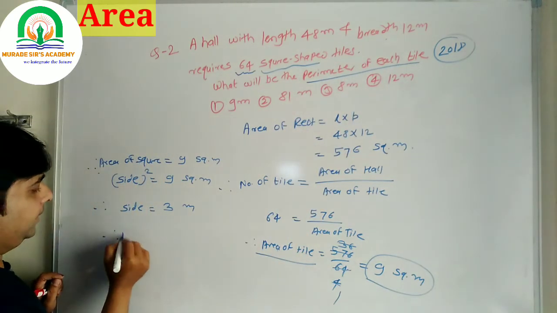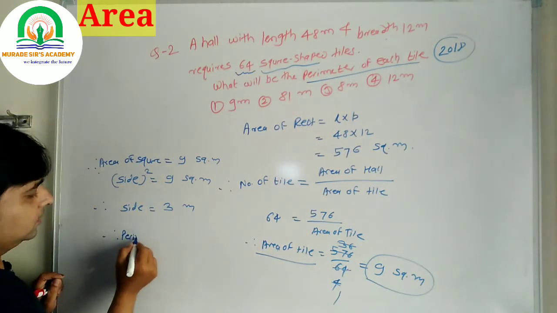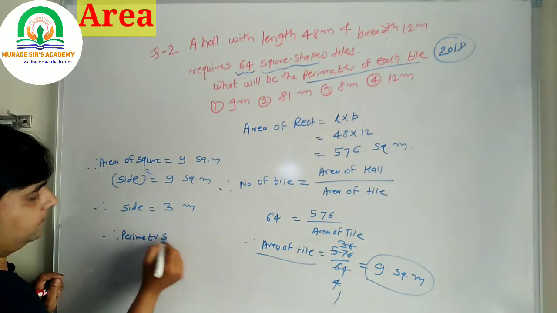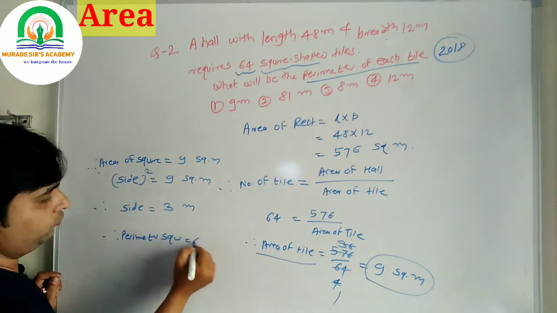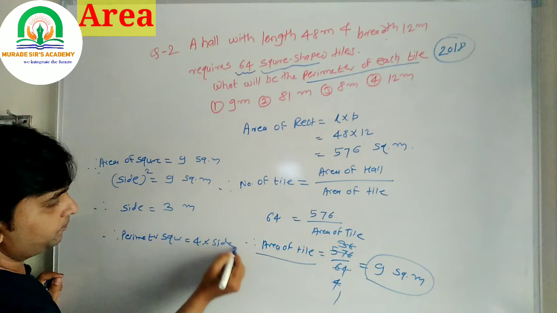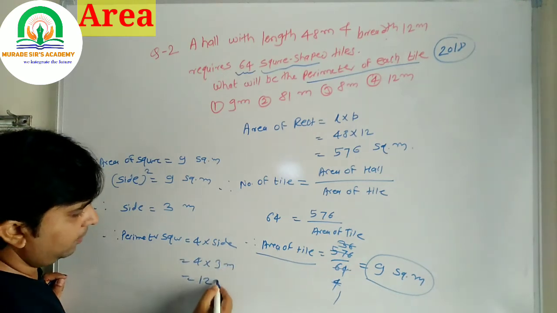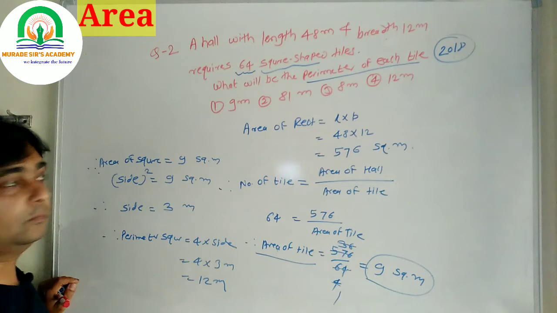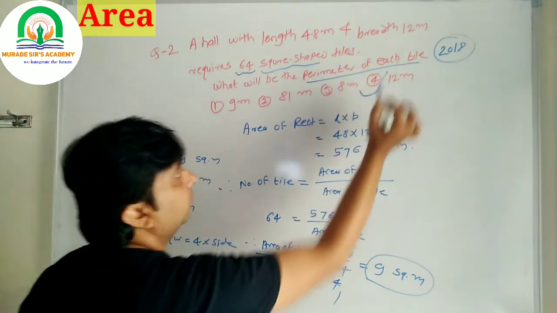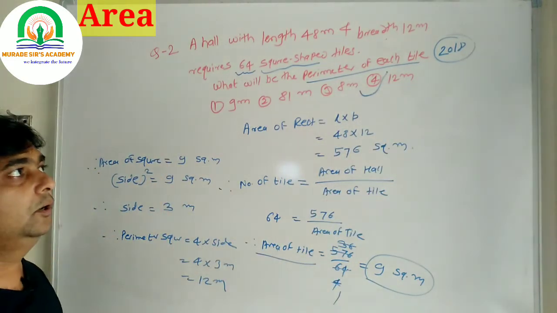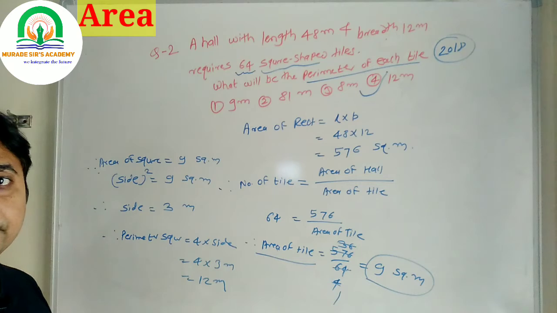Therefore perimeter of square is equal to 4 into side, 4 into 3 meter, which means 12 meter. Option number 4. This was asked in 2018.